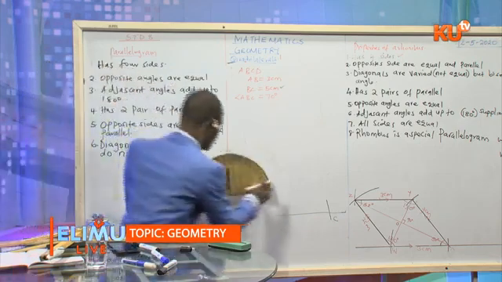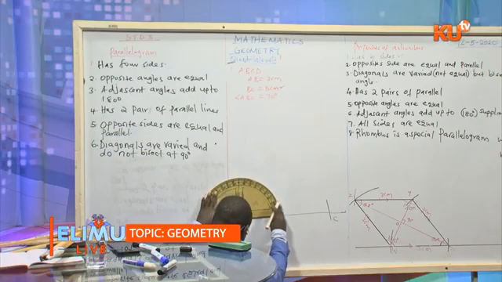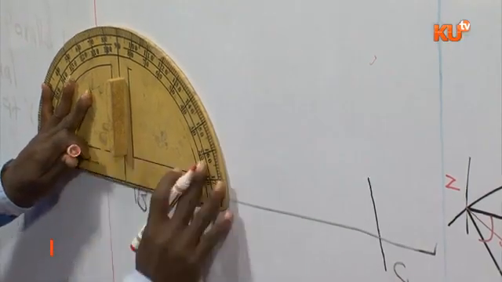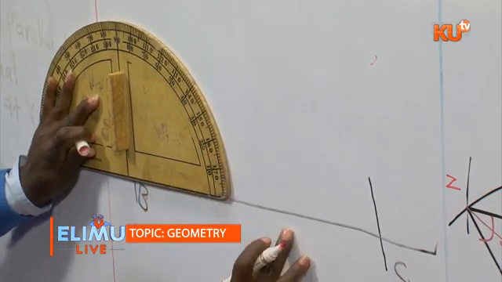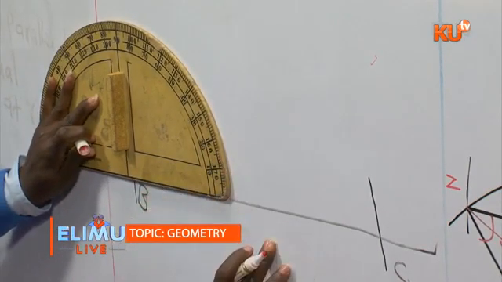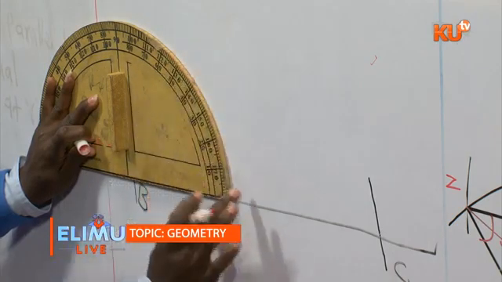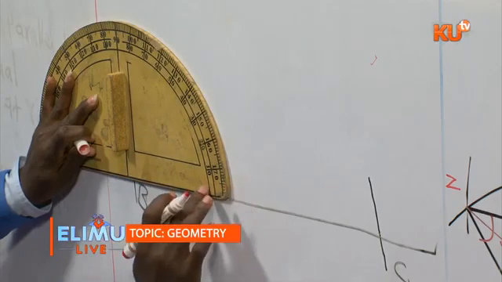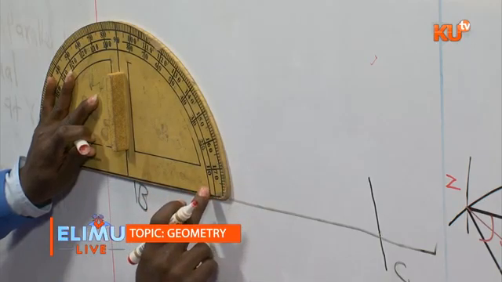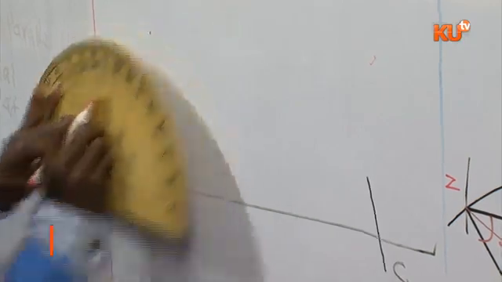So stand at B, then measure 70 degrees. So again, the line is on this side, and this is the angle that we want. So we check the 0 from this side is in which scale, inner or outer. So this is inner scale. So you measure 70 degrees, which is there.